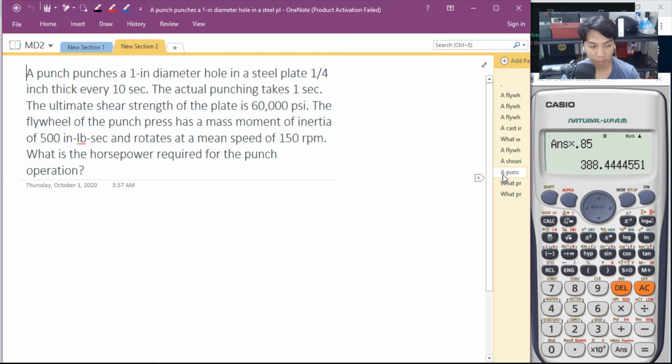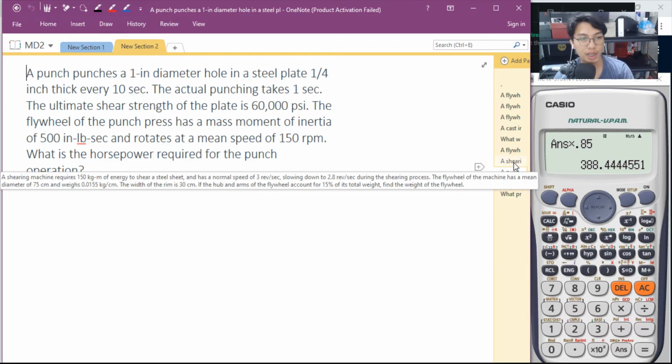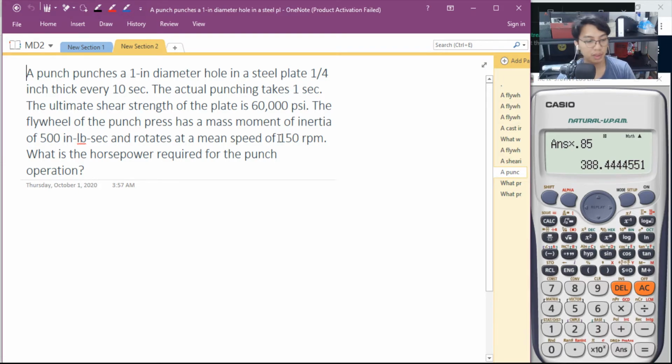How about problem number 8? A press punches a 1-inch diameter hole in a steel plate. It's given right away that it's a steel plate, 3/4 inch thick, every 10 seconds. So you have a time. The actual punching takes 1 second.